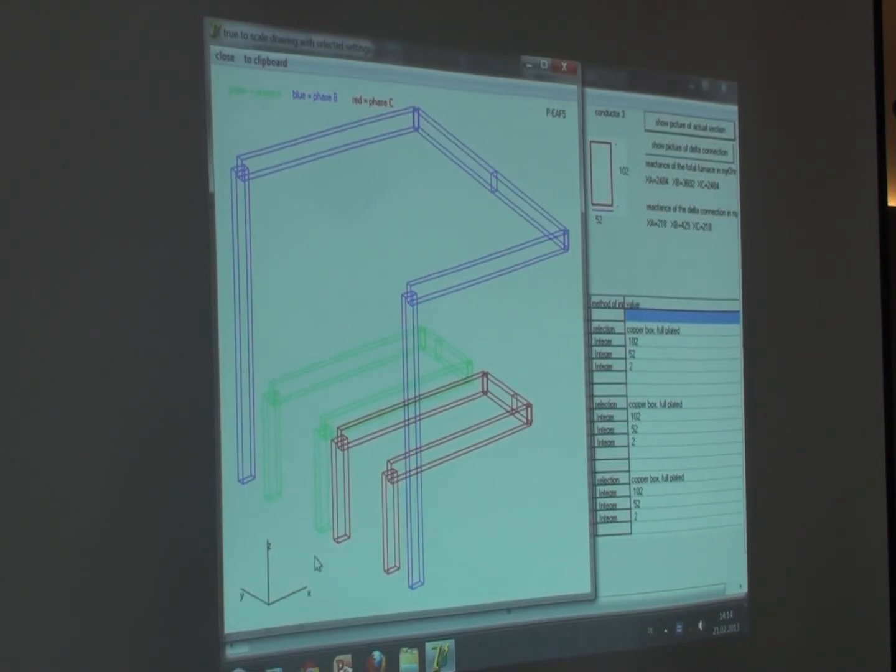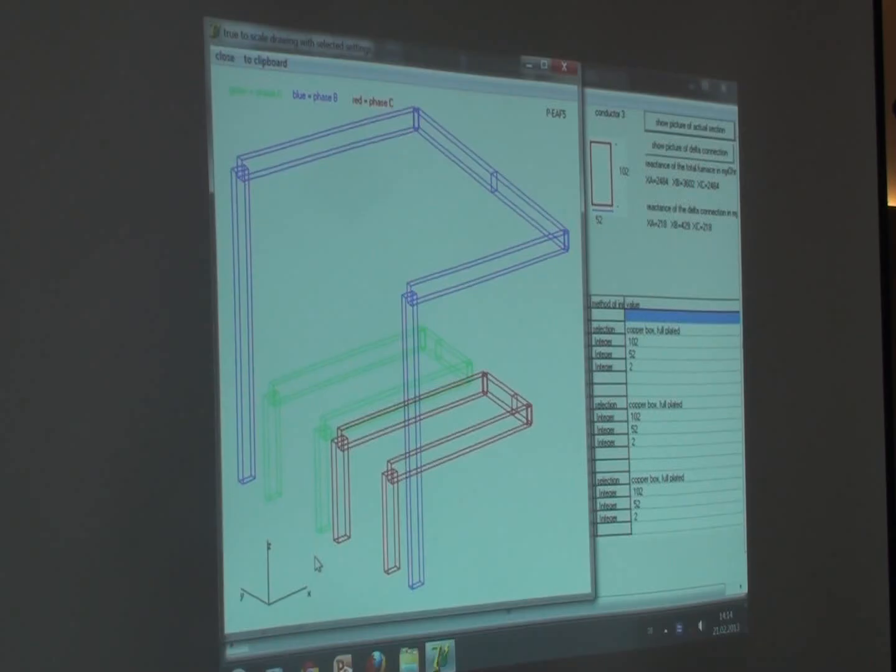You can get, in this example, 25% higher current, and in the other phases the current is lower, lower than 39 kiloamps. And the power is the same, the sum of power, 41 megawatt.